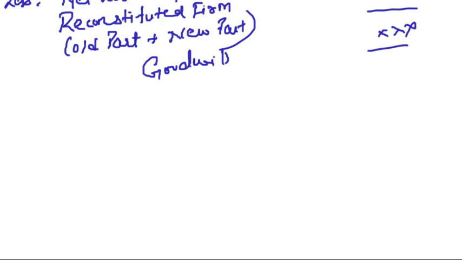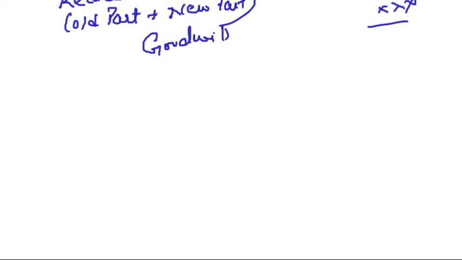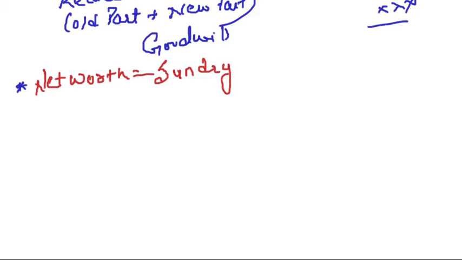Now write one more thing, how to calculate net worth. What is net worth? Sundry assets minus outsiders' liabilities.